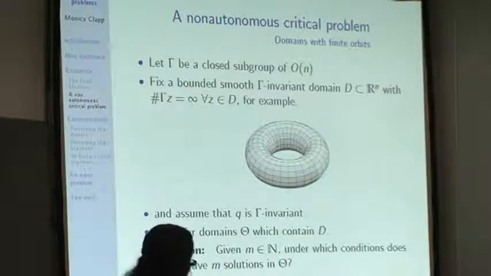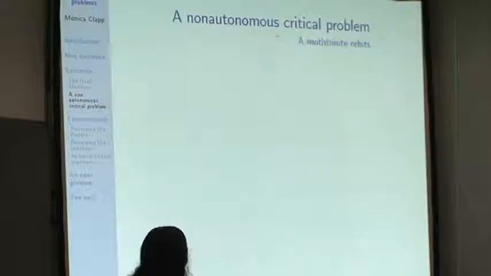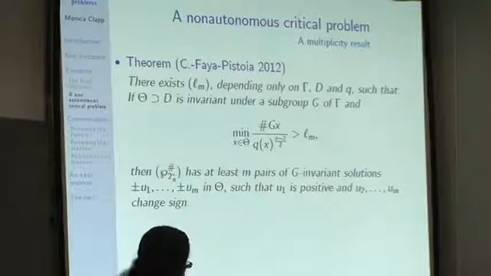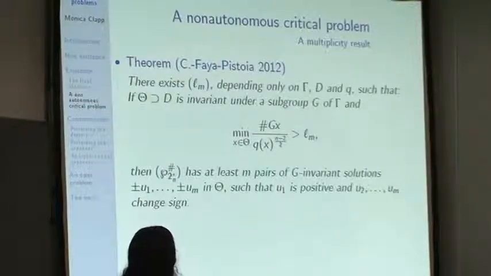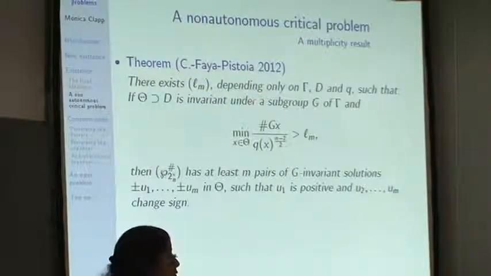And the theorem is the following one. Again, this is a joint result with Jorge Falla and with Angela Pistoia. It says there is a sequence of numbers Lm, where M is the number of solutions we want to get. And this sequence depends only on the fixed domain D, the group acting on it, and the nonlinearity Q, with the following property.